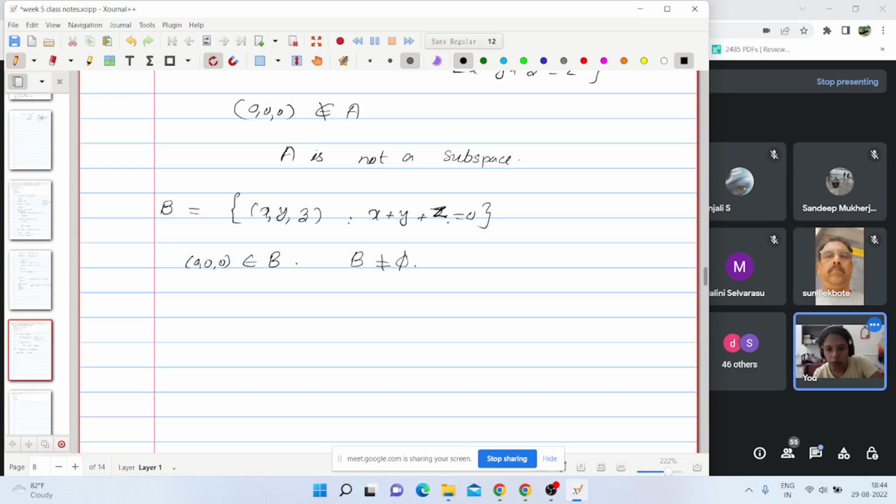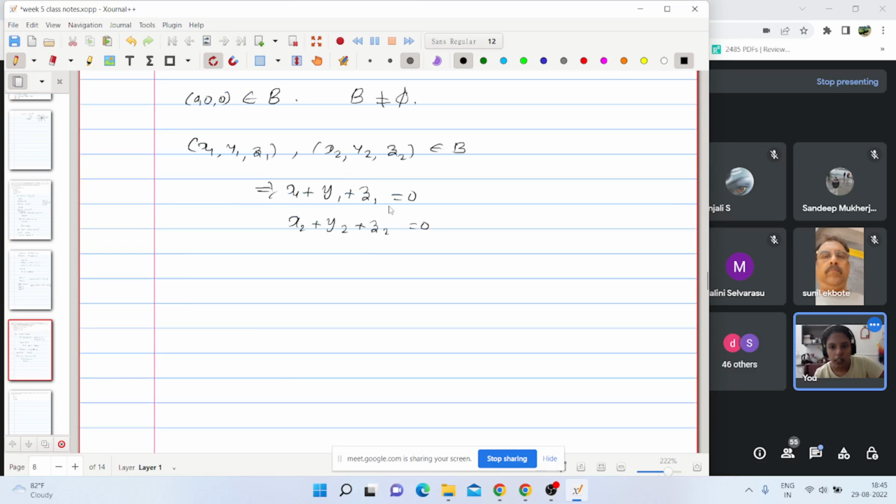That is, I am taking two elements x1, y1, z1 and x2, y2, z2 in B. Okay, so this belongs to B. What does that mean? This condition is satisfied for these elements: x1 plus y1 plus z1 equal to 0, x2 plus y2 plus z2 equals 0.